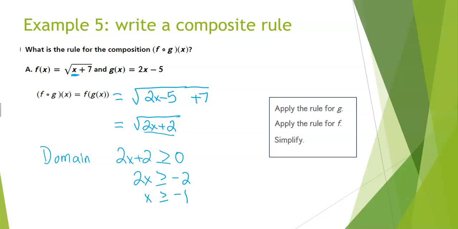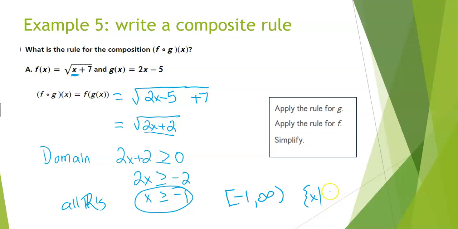So this would be my rule, all real numbers where x is greater than or equal to -1. So you could do -1 to infinity, right? You could do the set of all x's such that x is greater than or equal to -1. You could do that.